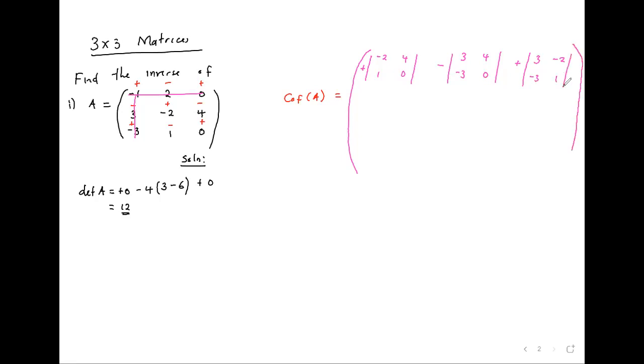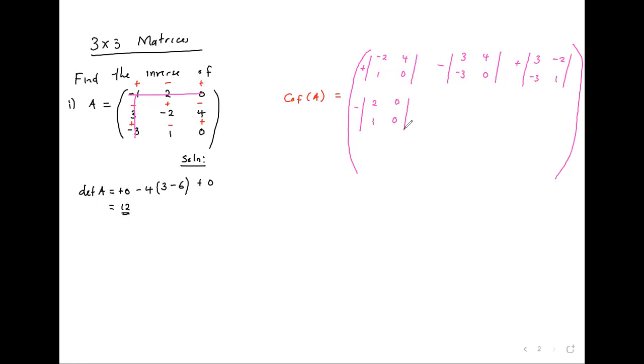So you have found the first row. Second row, minus determinant, take away this guy and this one, you remain with 2, 0, 1, 0. This one is nice.